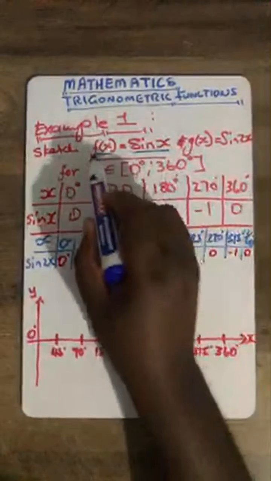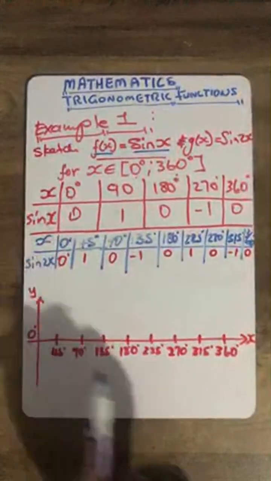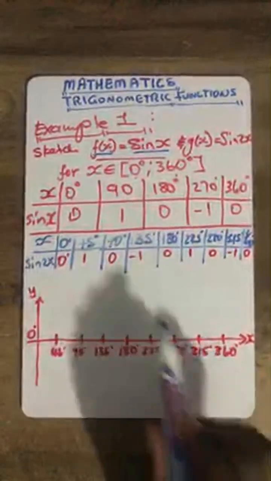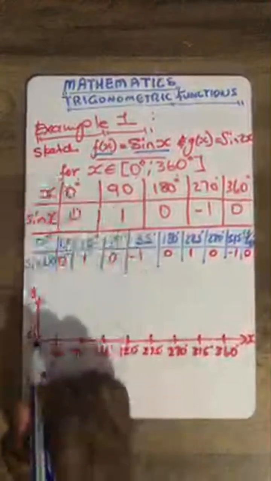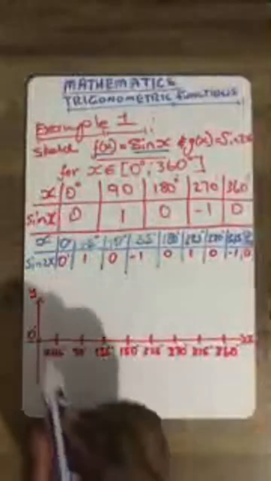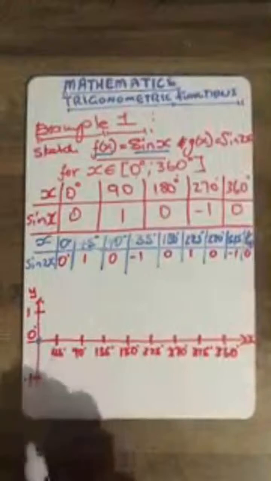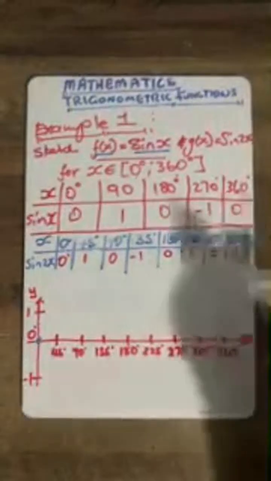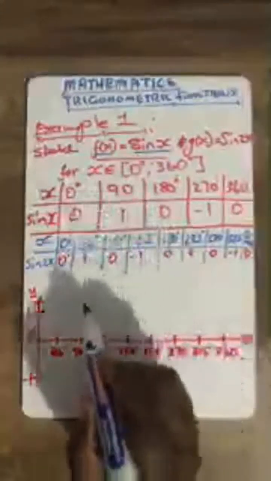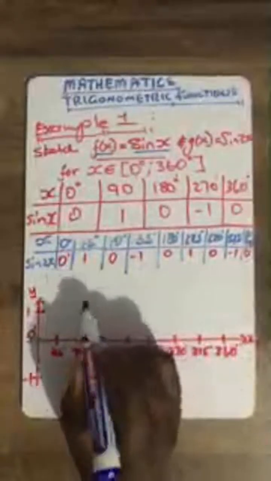We can start with this one of f, because this one, the second one, was g of x. So the first one, where that is 0, also this one is 0, yes. Where this is 90, it is 1. So that means on this side, you can say you have 1 there. That means obviously this one is going to be -1. So where it is 90, you put 1 there.